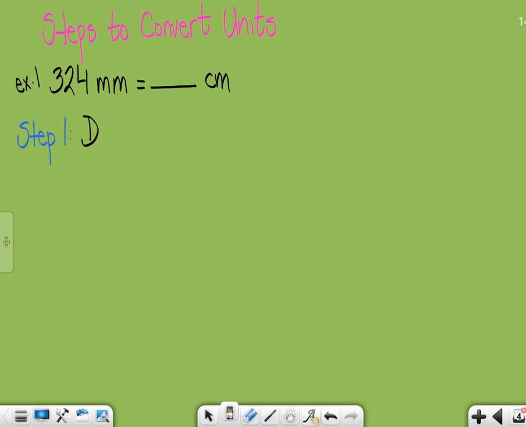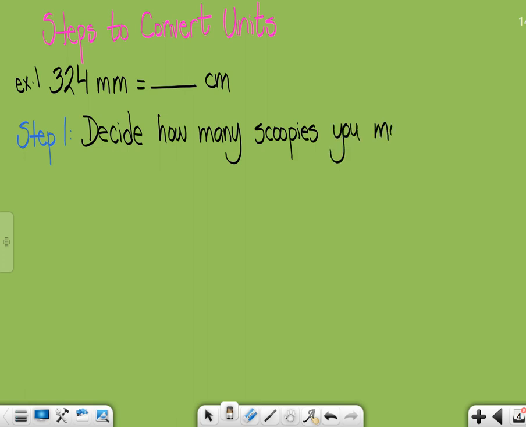Step 1, you need to decide how many Scoobies, see there's that Scoobies again, how many Scoobies you moved, and which direction.